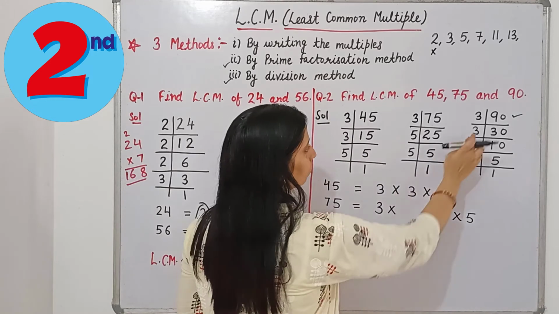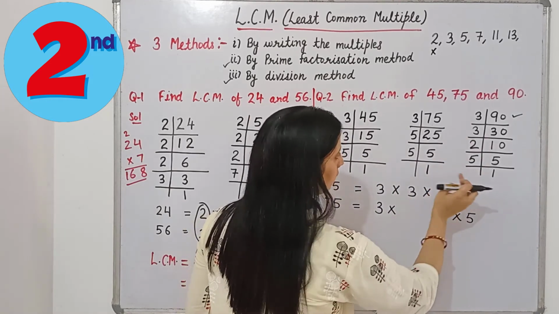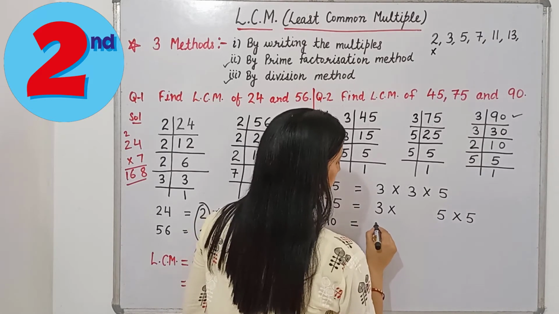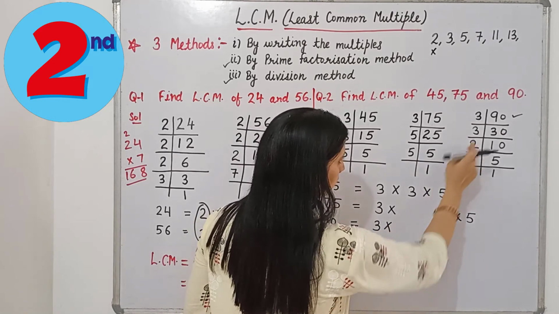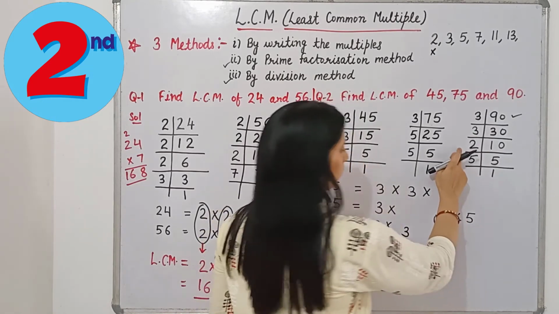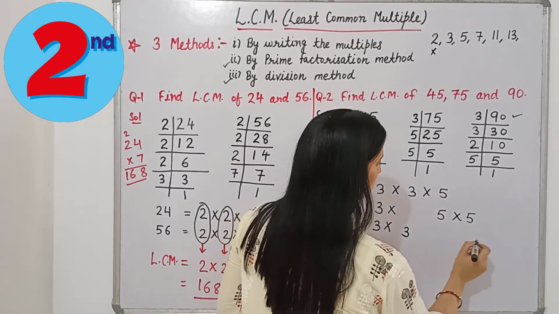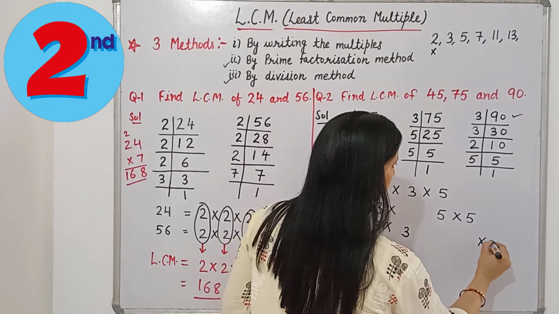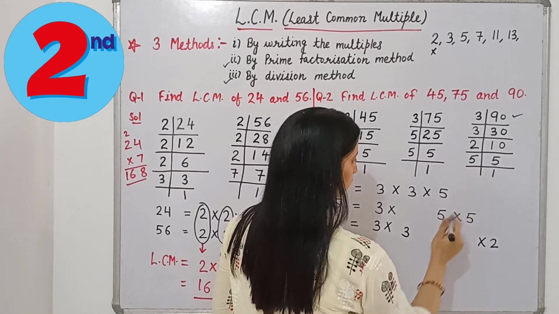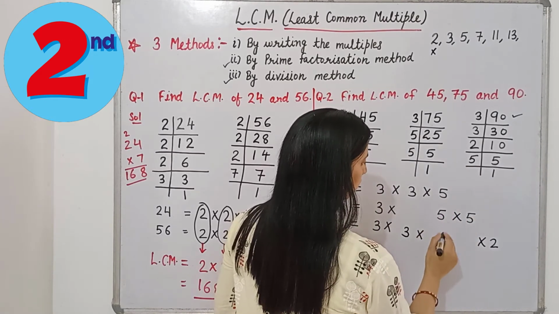Now the third one, prime factors of 90, are 3 multiplied by 3, so 3 we will write under this. Then multiplied by 2. 2 is not here, so I am writing 2 here separately. And multiplied by 5, so 5 I am writing under 5.